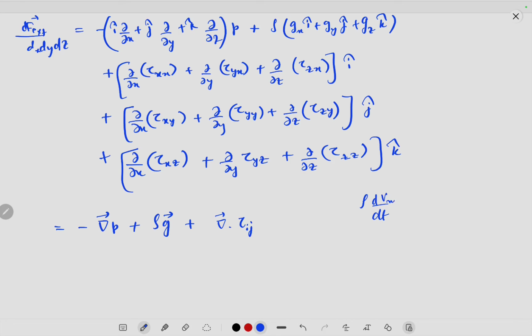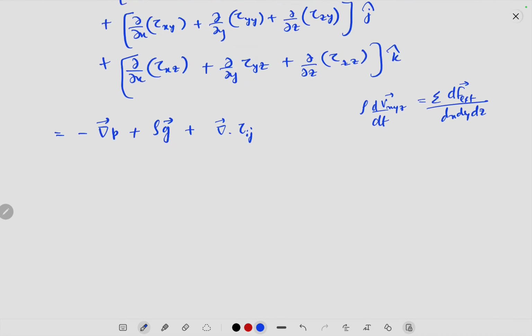Actually this was not volume, but this was velocity. dv by dt is equal to f external, and this f external, since it's on an infinitesimal volume, should be written like df external, and this was multiplied with dx dy dz also. So if I take dx dy dz on the right side, what I'll get is this, but this term on the right hand side, we just found this to be equal to this thing.